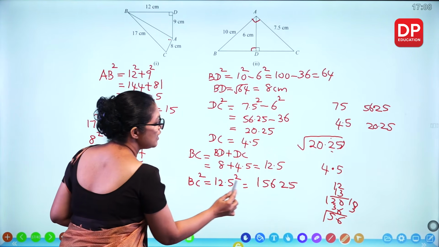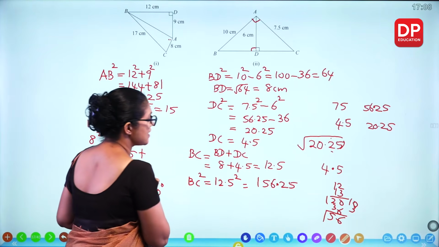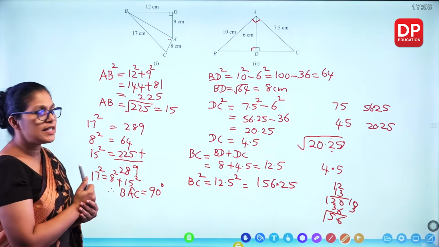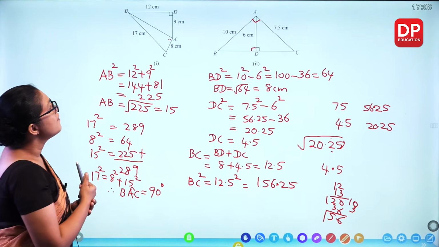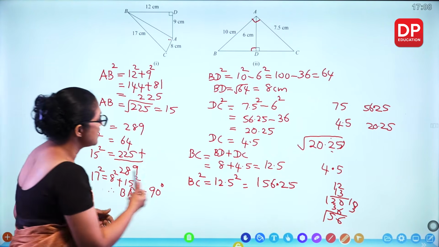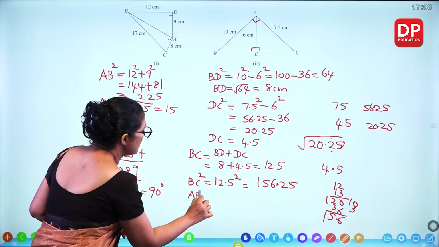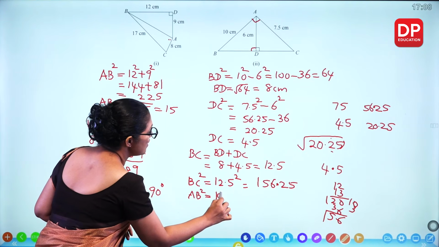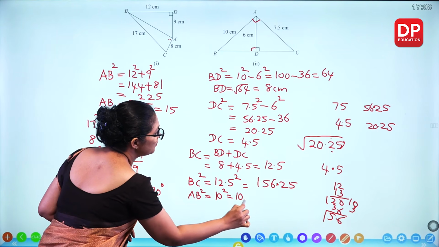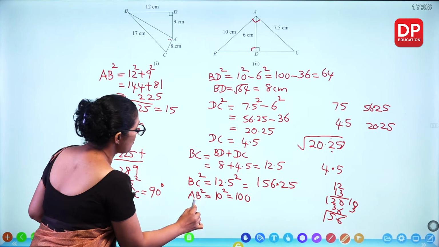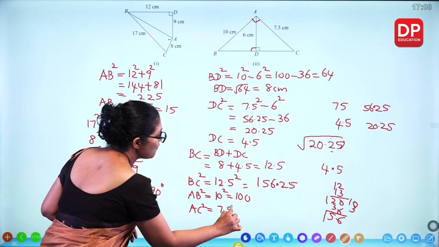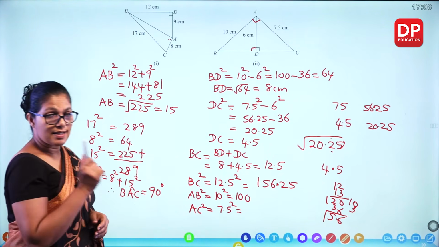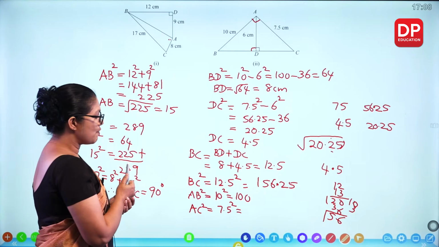So you need to keep 2 decimal places: 156.25. That's 12.5 squared. Then AB squared is 10 squared, that's 100. What is AC squared? AC squared is 7.5 squared.